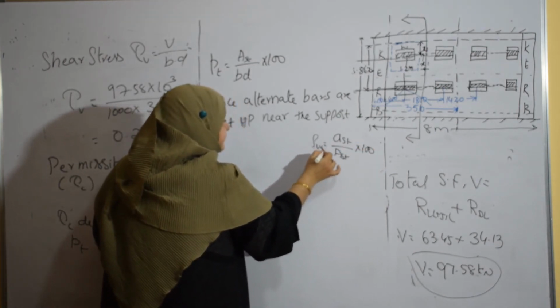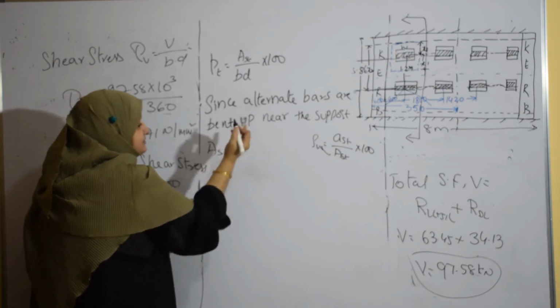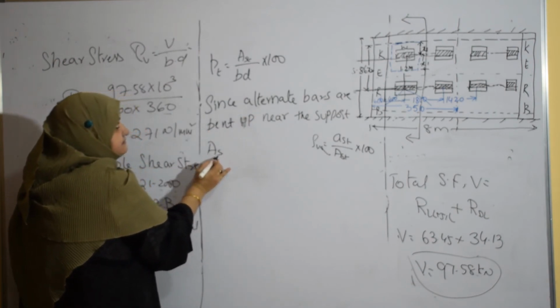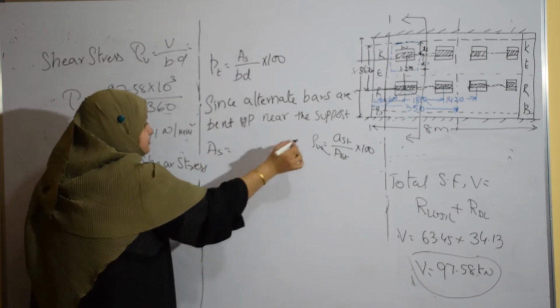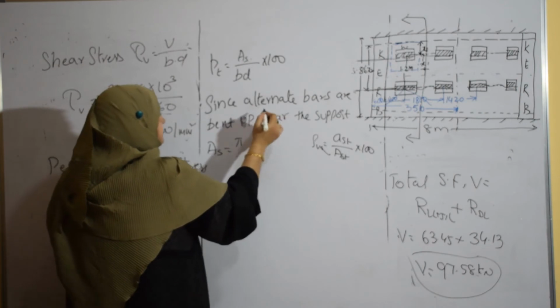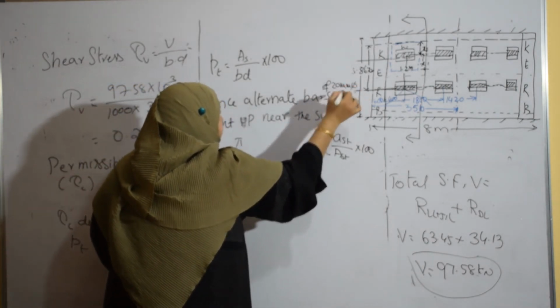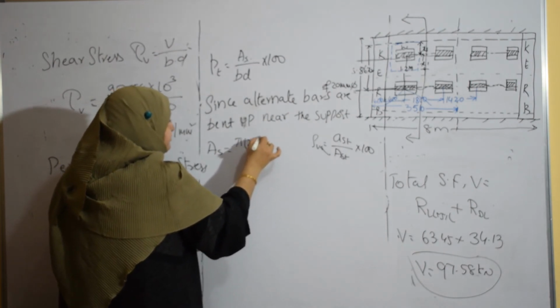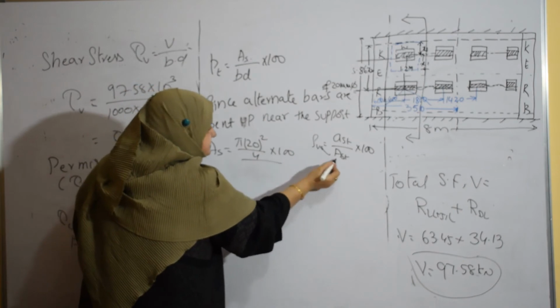So we will take this side. I am going to calculate the area of steel near the support, let me represent it by A suffix XS. That is equal to 20 mm bars, alternate bars of 20 mm dia, that is the main steel. So 20 square by 4 into 100, and in the denominator this S will come.